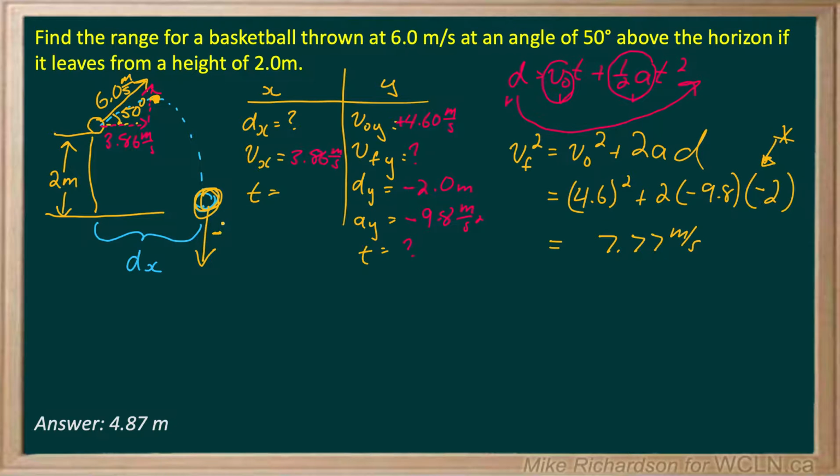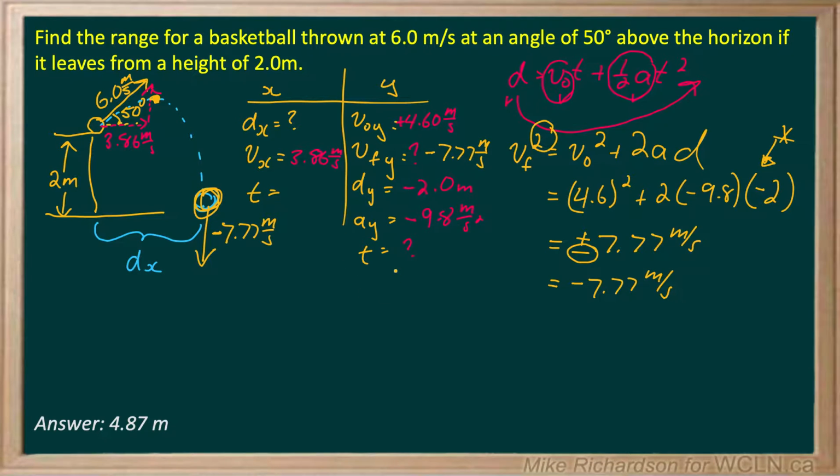So we're going to have to choose the -7.77 meters per second. Remember, when you take a square root, which is what you have to do here to get v final by itself, it's always positive or negative. We're going to pick the negative one because it's on its way down. So my final velocity in the y is -7.77 meters per second. So I can put that in here.